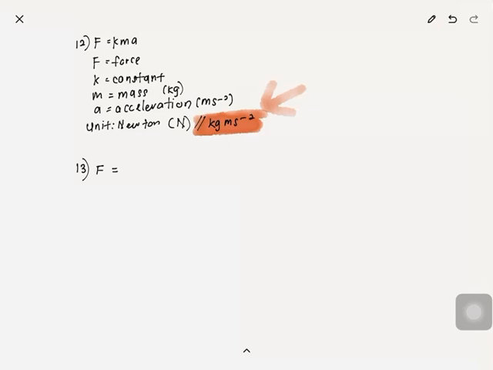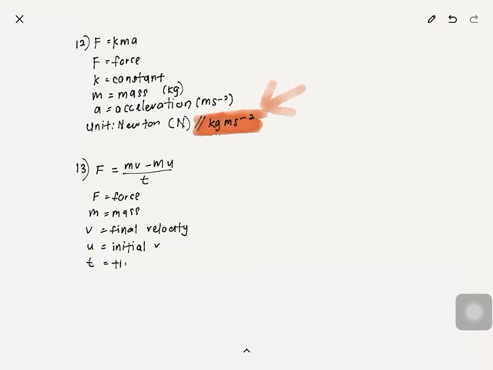And then 13 is the formula for impulsive force, which is F = (mv - mu)/t. F stands for force, m stands for mass, v stands for final velocity, u stands for initial velocity, and t stands for time.